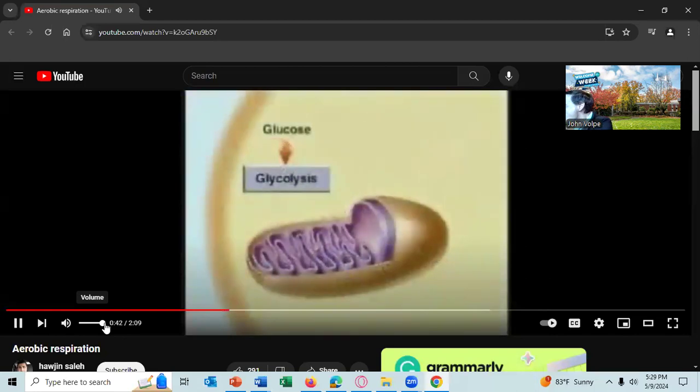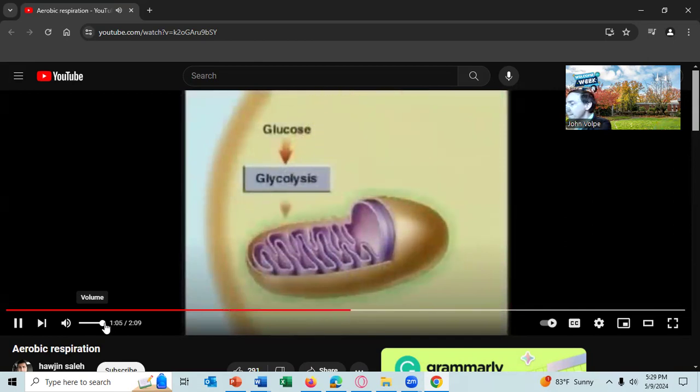The first stage of aerobic respiration, glycolysis, occurs in the cytosol, the jelly-like part of the cytoplasm. Glycolysis breaks each molecule of glucose into two molecules of pyruvate, energizes two electron carrier molecules, and produces two molecules of ATP.